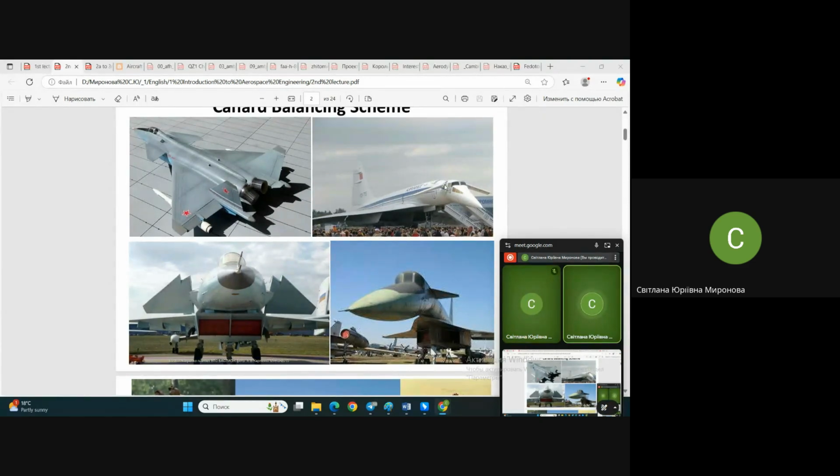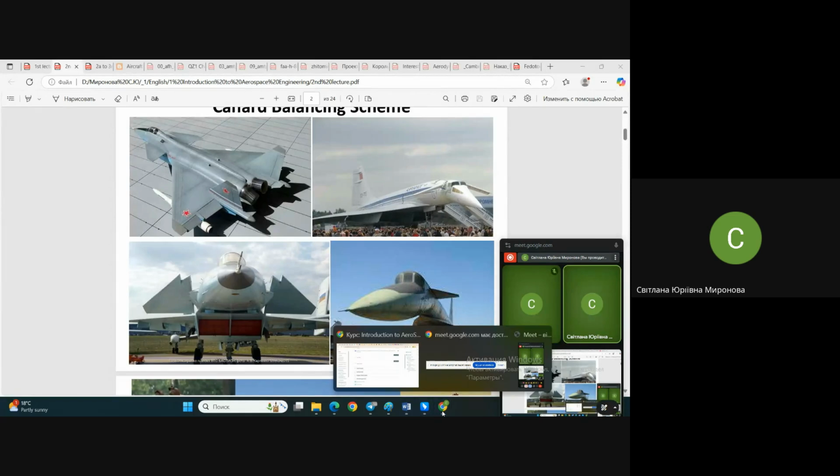And what is interesting in this airplane? Pay attention. It's also of canard scheme, and it's not just a canard scheme. It's a so-called convertible scheme. In this photo we can't see it, but I have already shown you what it looks like in flight.